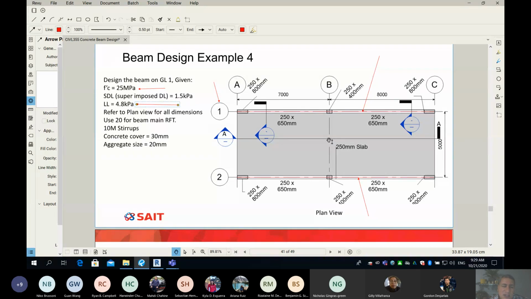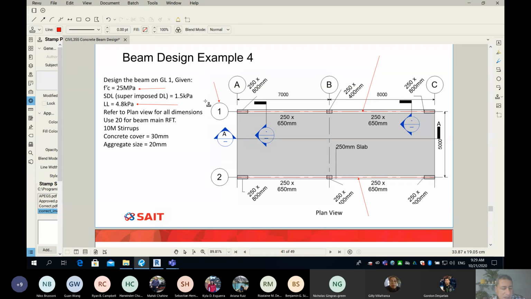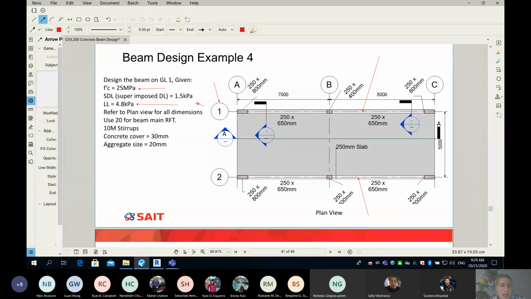So maybe this is storage, because for storage, we know that the minimum requirement for the live load is 4.8. Also, there is something we discussed, called SDL. So what is SDL? It is called superimposed dead load, which is any dead load that's not self-weight.